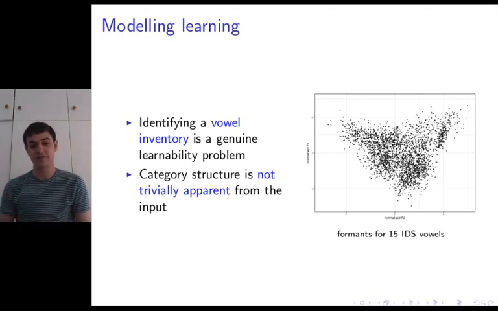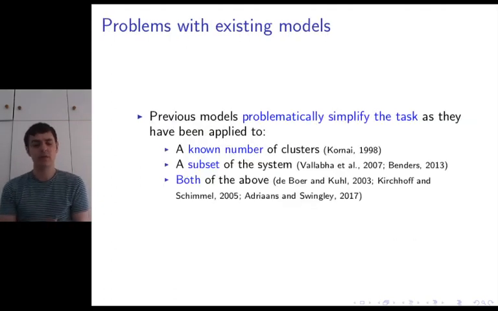Trying to fit 15 categories, 15 clusters to the data that we see presented here is not a particularly tractable task. And so really what I want to highlight is that many previous models in this domain have overstated the usefulness of distributional learning in infancy, as they've really simplified the task in a way that we don't want to assume that infants learn.